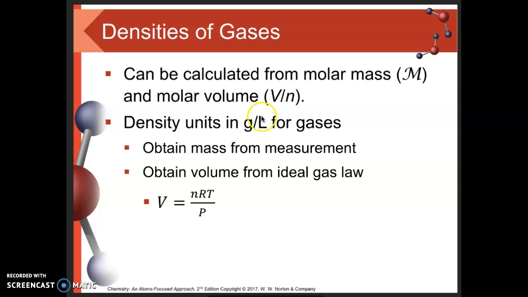With gases, density is going to have units of grams per liter because, again, gases are considerably less dense. They take up far more space than liquids or solids. So the approach that we're going to take here to find density is we're going to use our measurements to figure out what the mass is, and then using the ideal gas law and this manipulation of the ideal gas law, V is equal to nRT over P, we should be able to determine the volume.